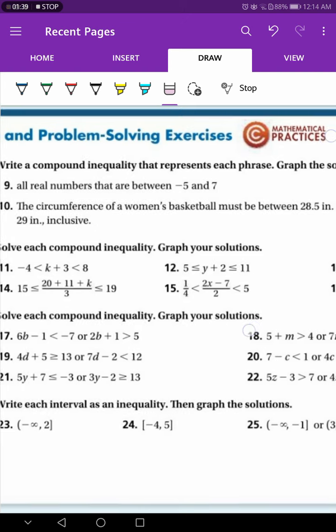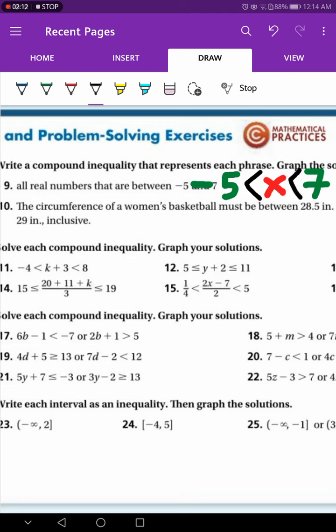Every one of you can write this compound inequality because I teach my students to write x in the middle and the small number, -5, at the left, and the 7 at the right, and for sure x is greater than -5 but less than 7.